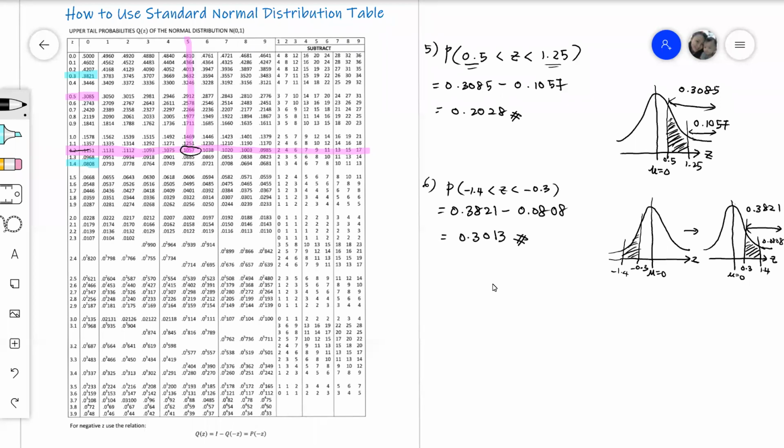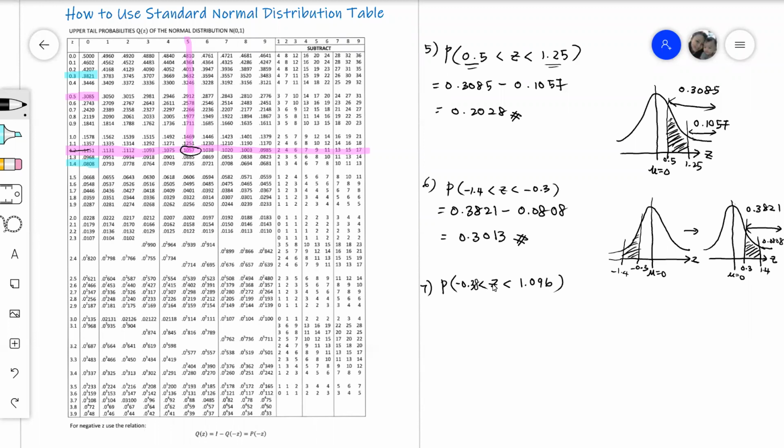Now the next example. What about when our z-score is between a negative and a positive value? For example, we take negative 0.38 and 1.096.